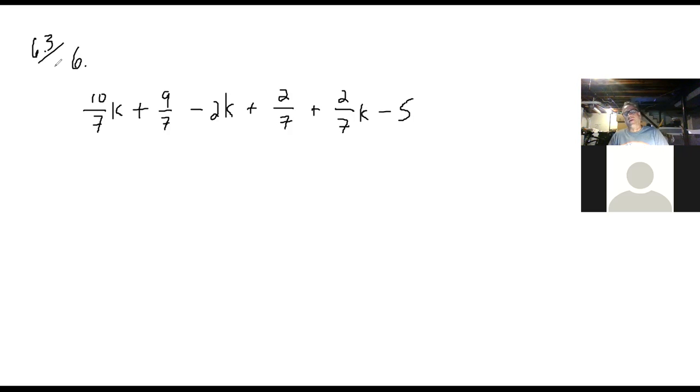Okay. Like terms have the same variable factors, which means multiplied together. In this case, when I read this, it's 2 sevenths times k. Same variable factors, and those variable factors are raised to exactly the same powers.